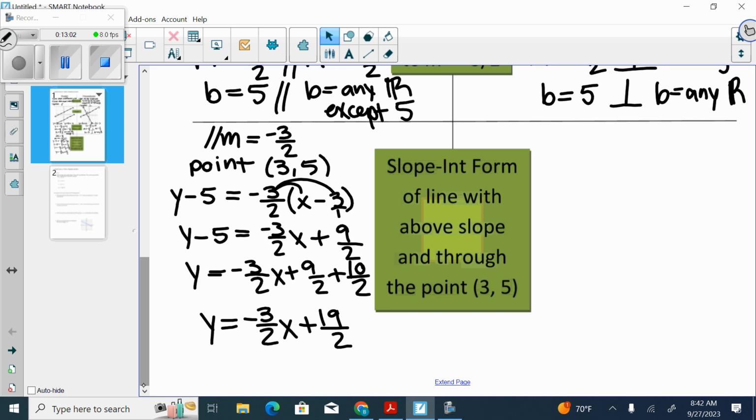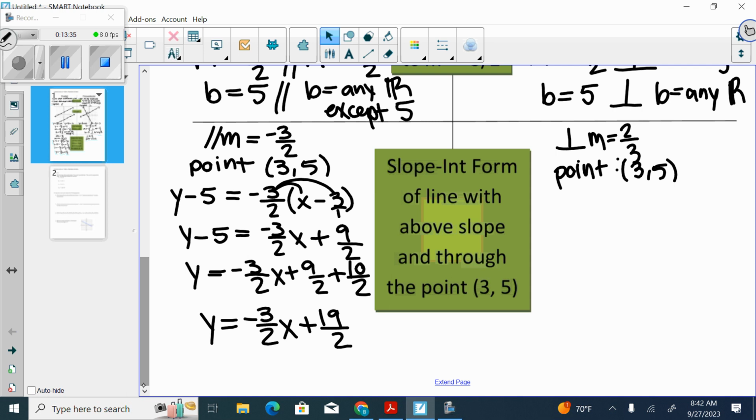All right. So same thing, but now for our perpendicular line. So if it is perpendicular, we know that the slope is what? So -3/2. 2/3, good. And again, we want it to go through this point, 3, 5. So right now I can't have it in that slope-intercept form, but we can write it in point slope.